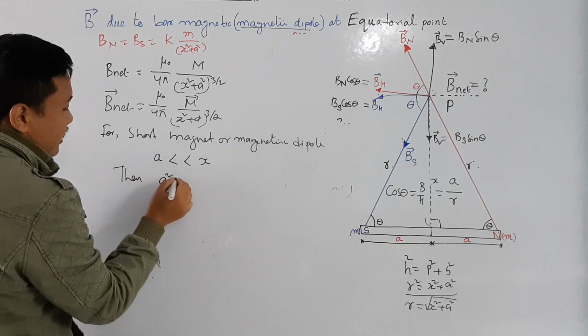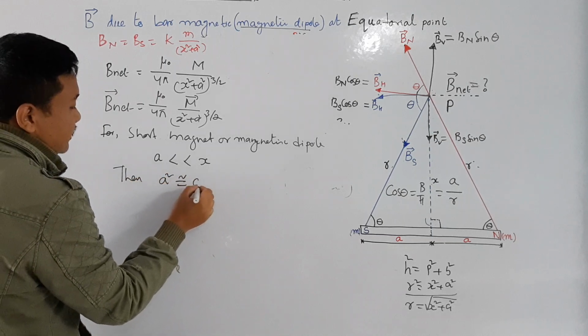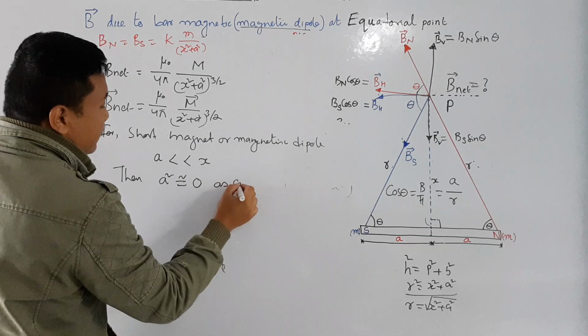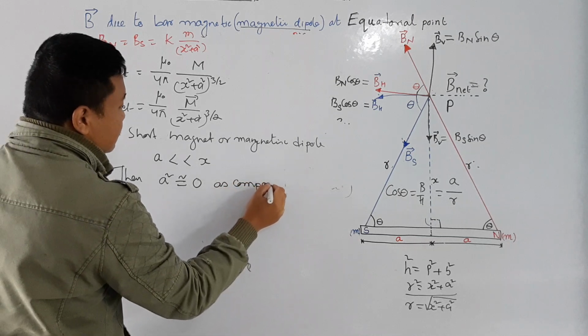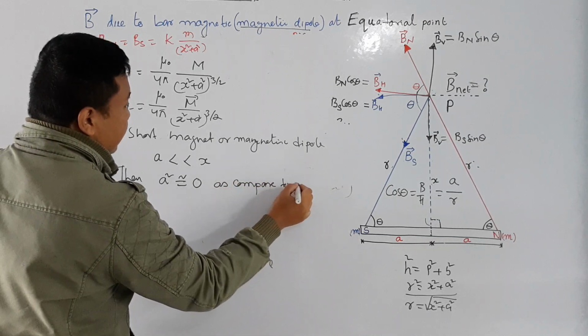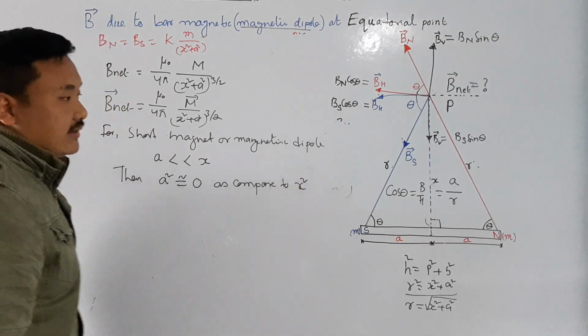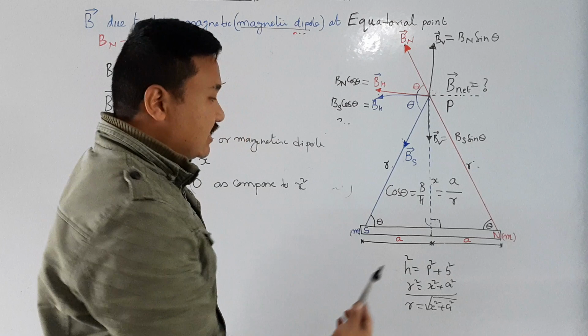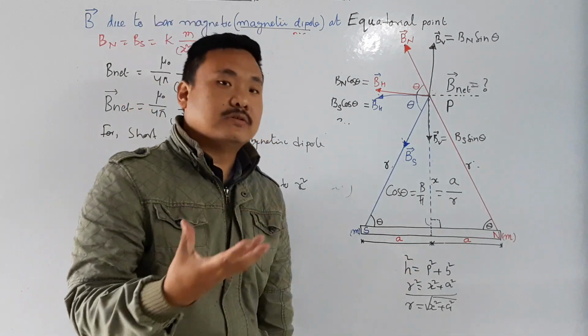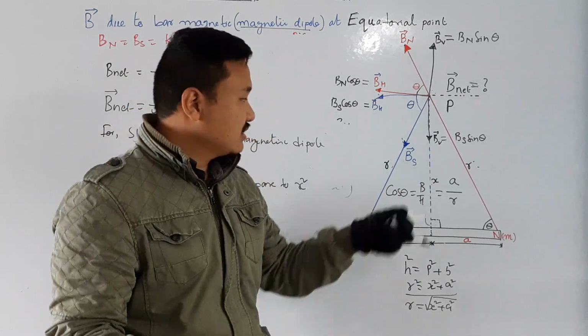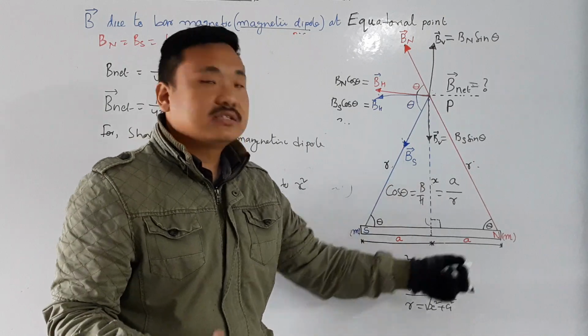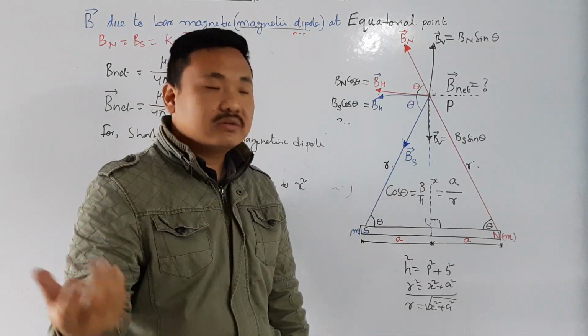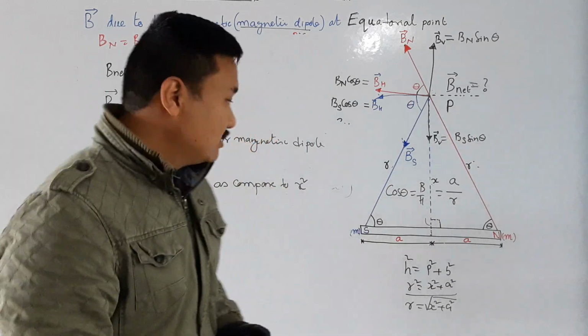Then A square is almost equal to 0 as compared to x square. If A is very small, then x square is very large, and A can be treated as 0. If you have 1000 rupees and another 1 rupee, then 1 is almost 0 in front of 1000.